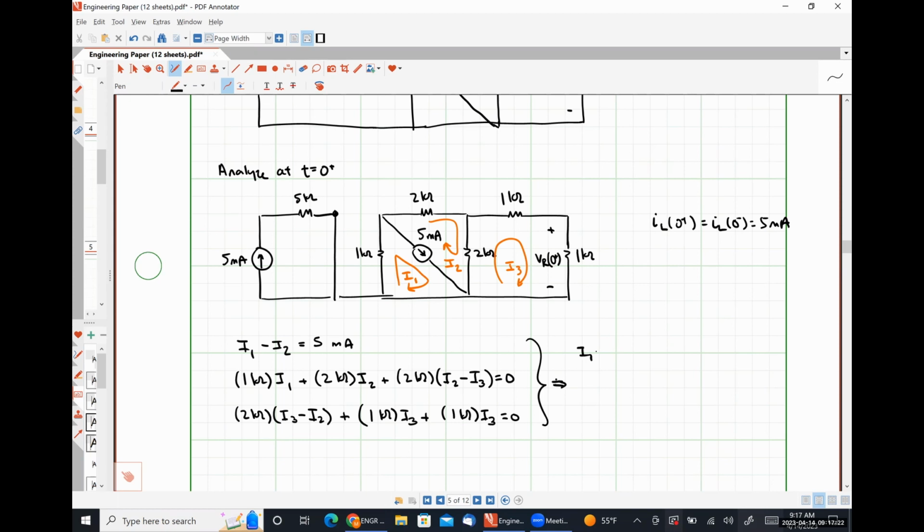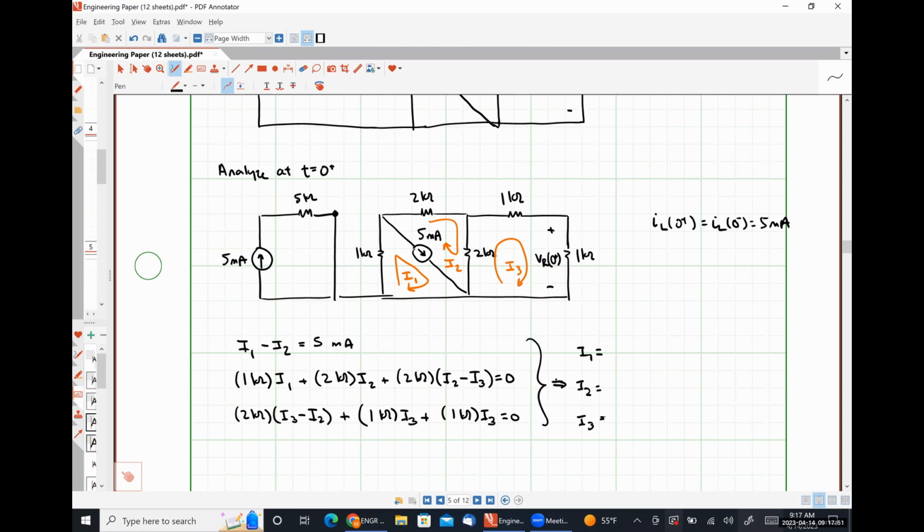Solving this for I1, I2, and I3. It'll take me just a moment here. So let's see, our coefficient for I1 is 1, our coefficient for I2 is -1, coefficient for I3 is 0, constant 0.005. Coefficient for I1 in the second equation is 1,000. Coefficient for I2 is 4,000.